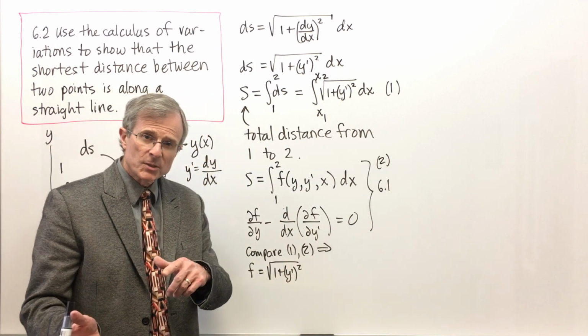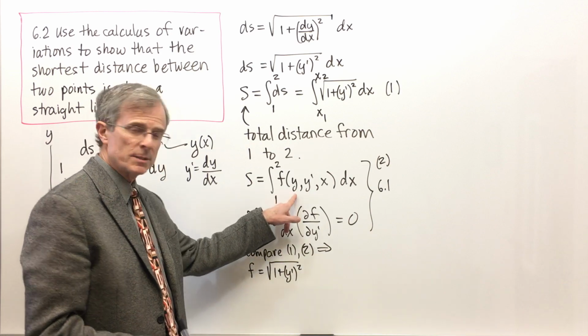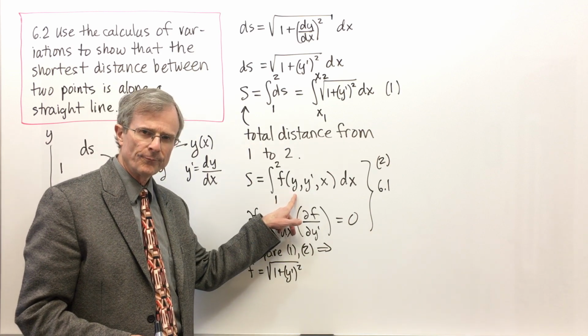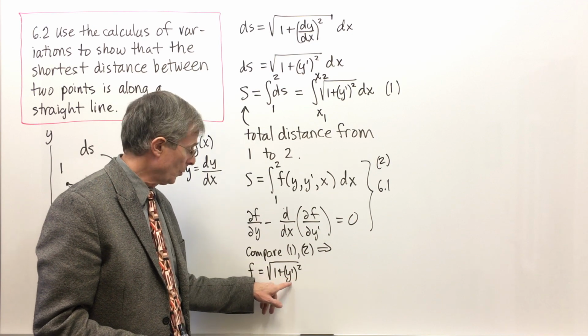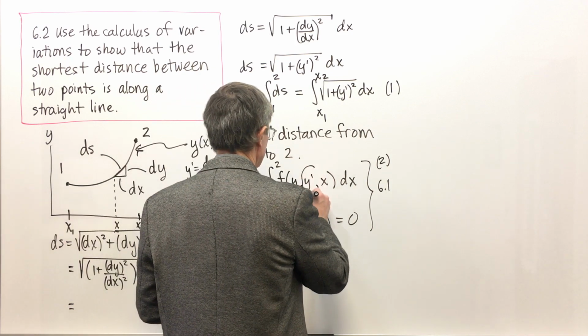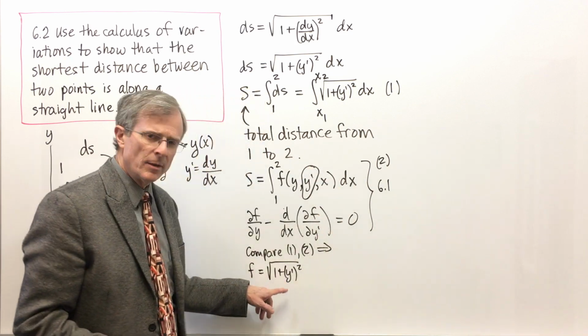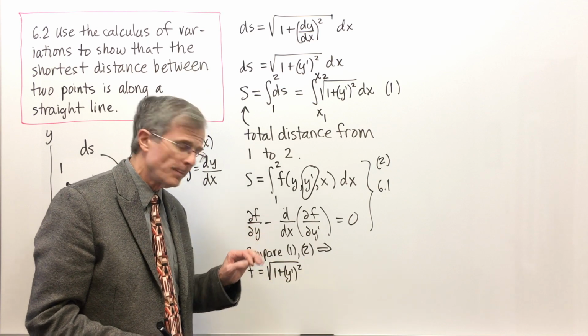Okay, so let me ask you, what does this f depend on? Does it depend on y, the function y? No, there's no y in here. There's a y prime, so it does depend on y prime in this case. Is there any dependence in this function on x?